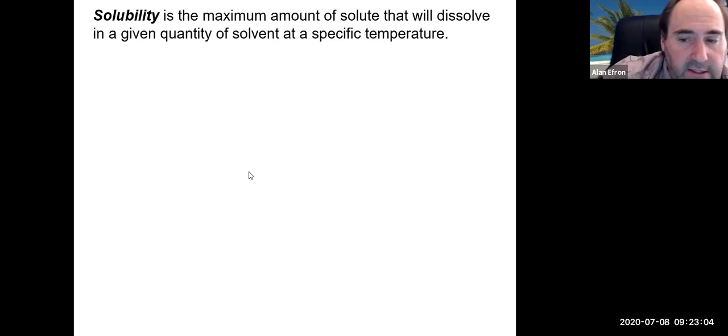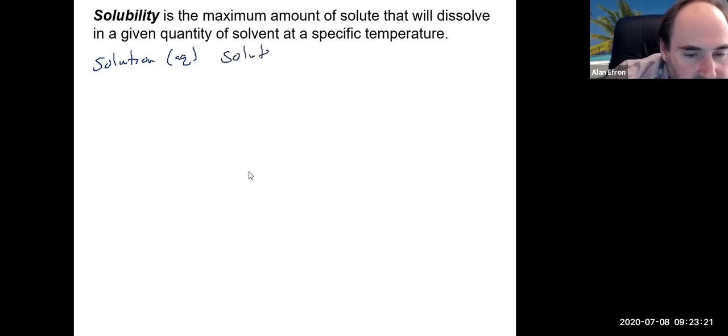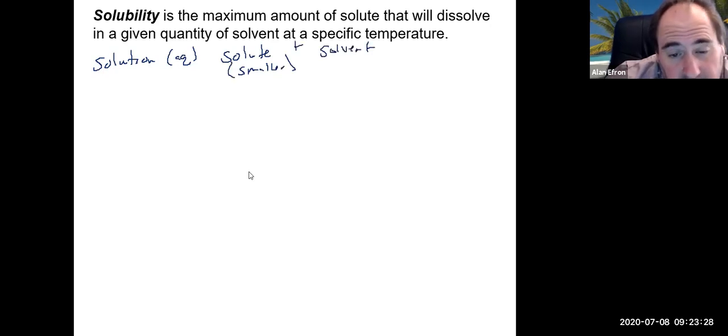So solubility in general is the maximum amount of solute that you could dissolve in a given amount of solvent. And that's basically what makes up a solution. A solution, which is like that aqueous symbol we keep using, basically is made up of a solute, which is the smaller part, and a solvent, which is the larger part.